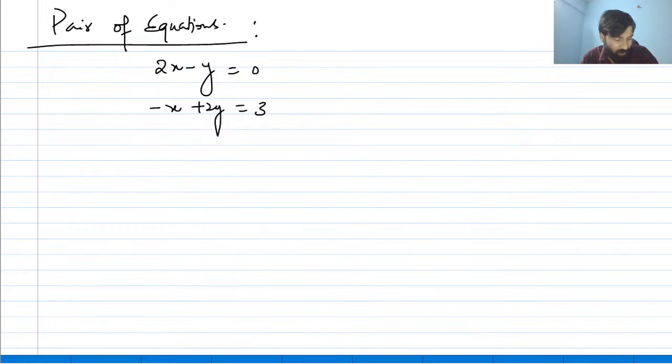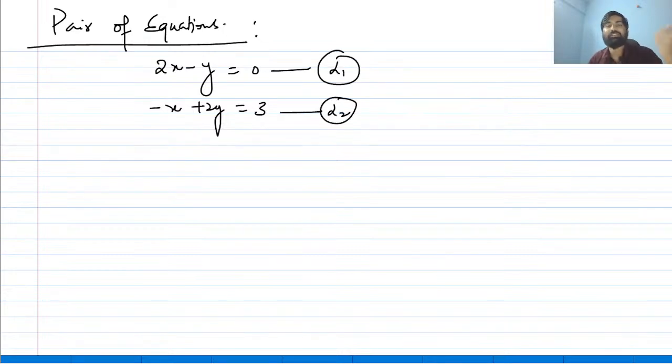There are various methods. The first is the elimination method, and the second is the substitution method. The first is line number 1 and this is line number 2. These are two lines, guys.